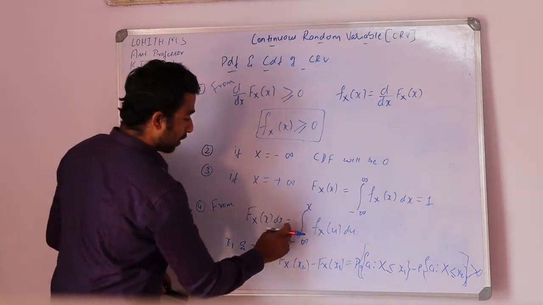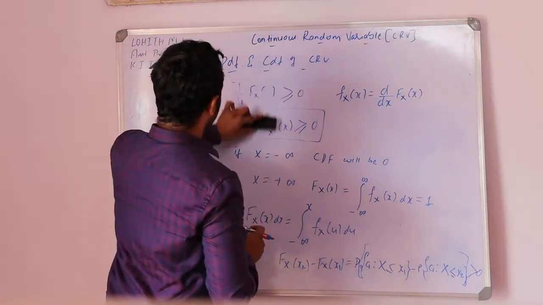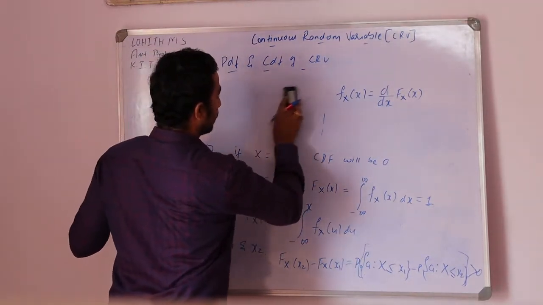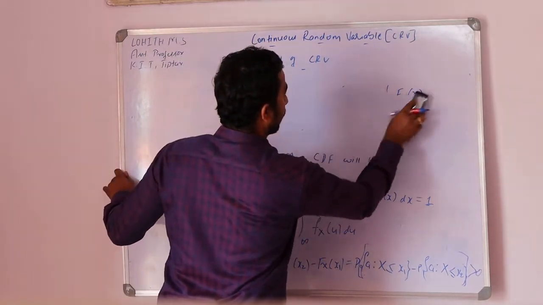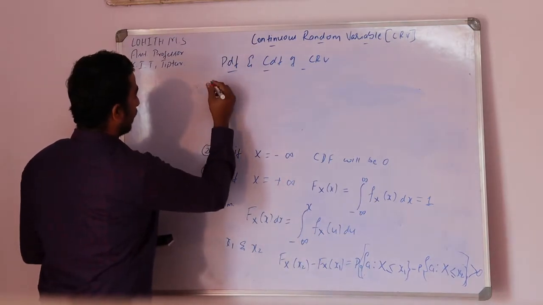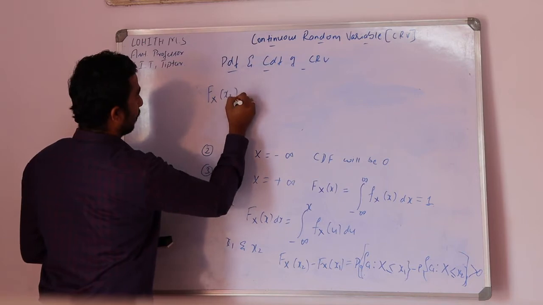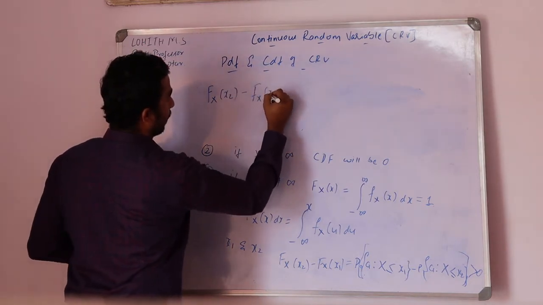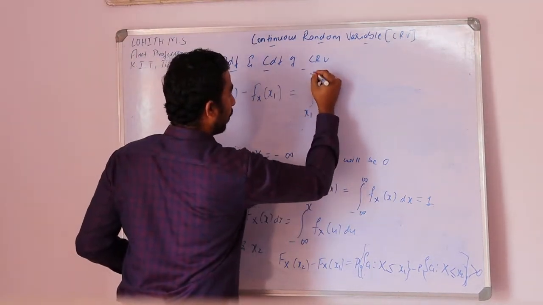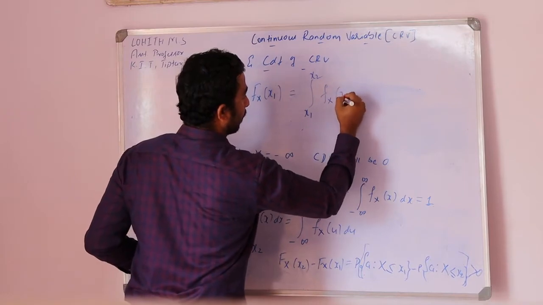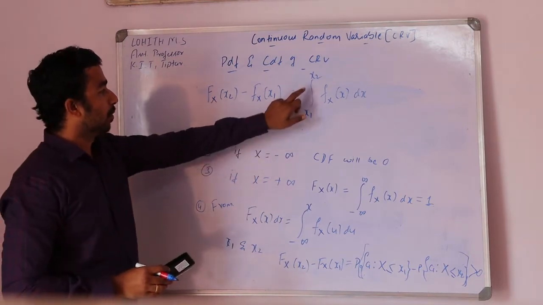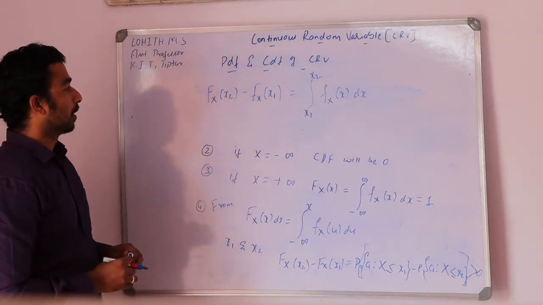So from these two equations we can write Fx(x2) minus Fx(x1) is equal to the integral from x1 to x2 of fx(x) dx. That is, the limits vary from x1 to x2.